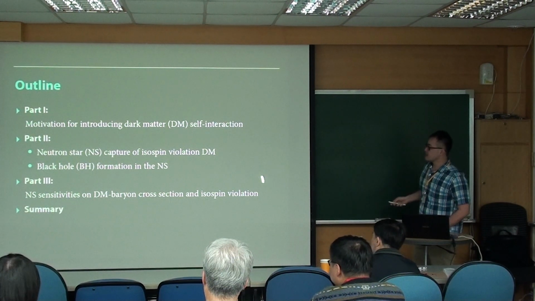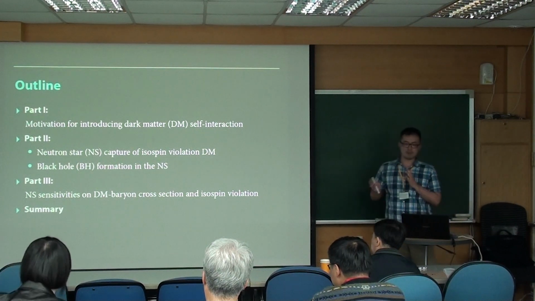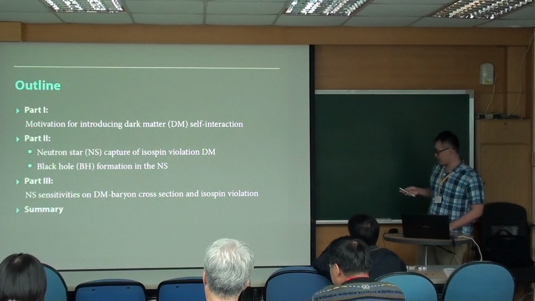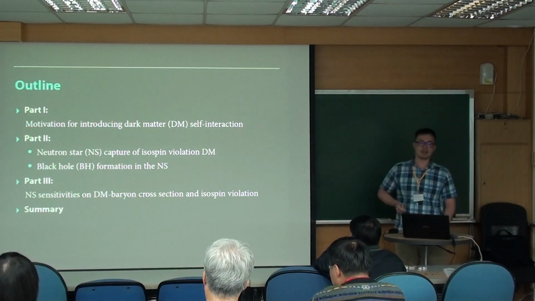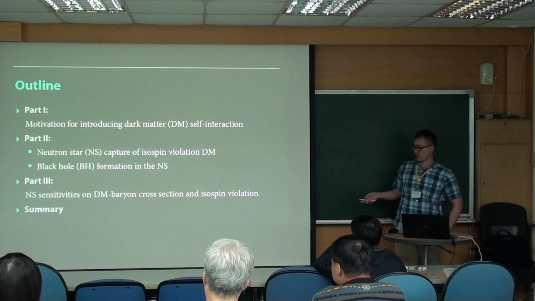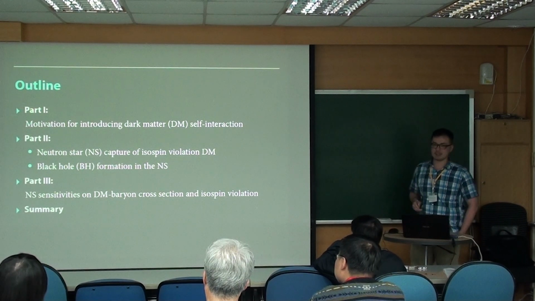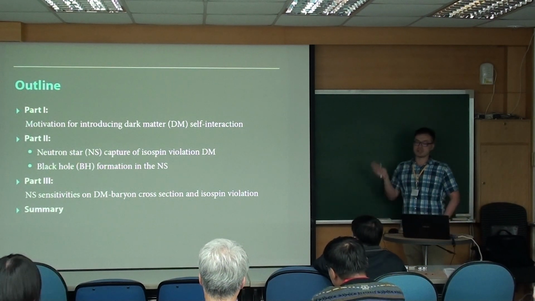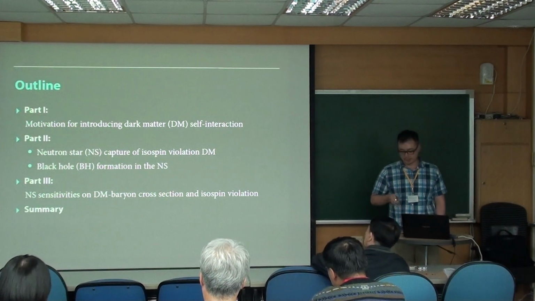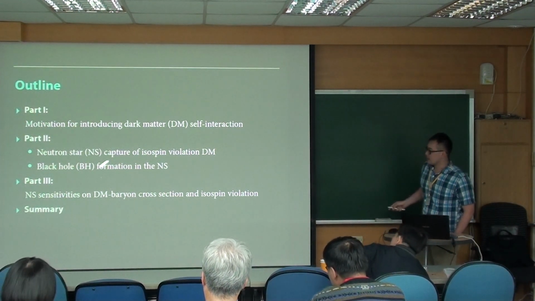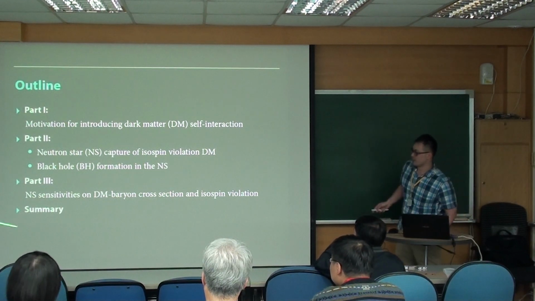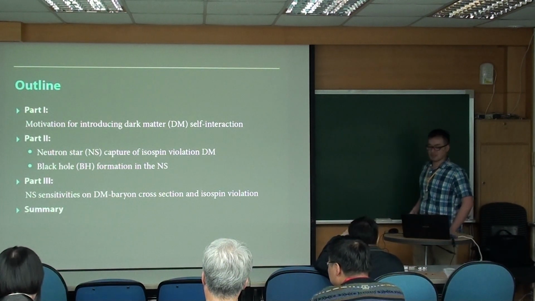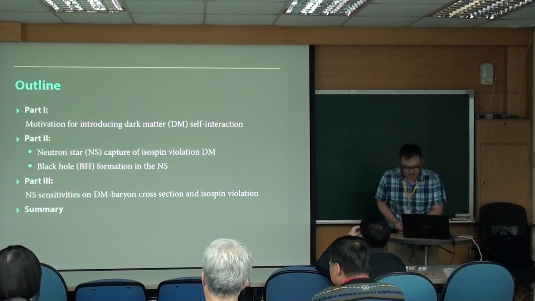So, based on these ideas, if we could observe any old neutron star that survives with no black hole formed by the dark matter particles inside it, perhaps we can go back and give some constraints or some hints on the dark matter properties. So this would be the topic of my part 3. After all of these 3 parts, I would like to give a very short summary.